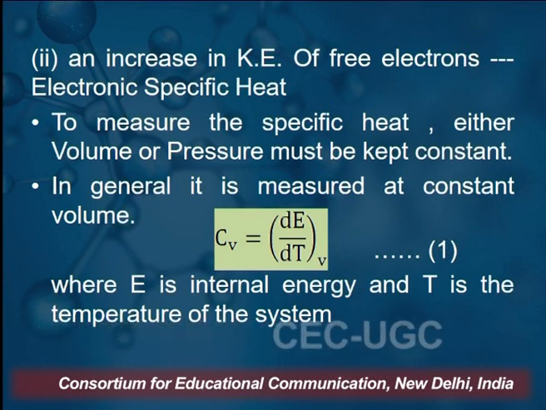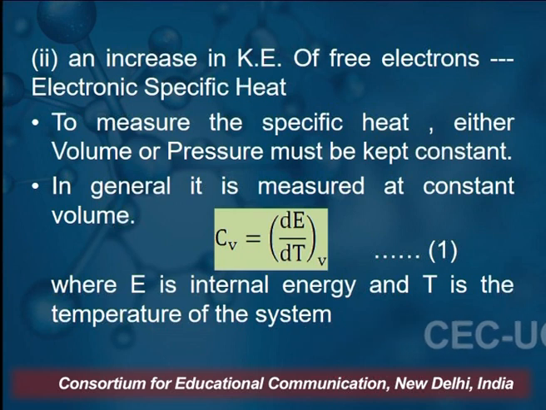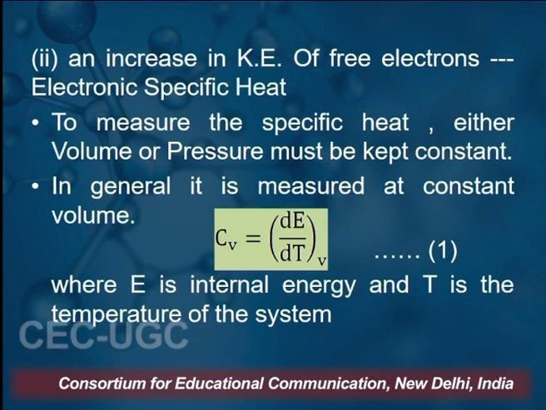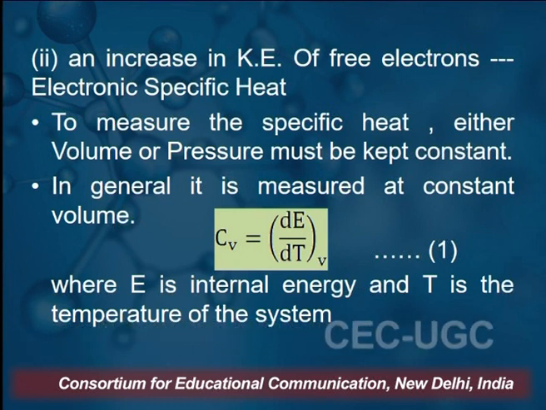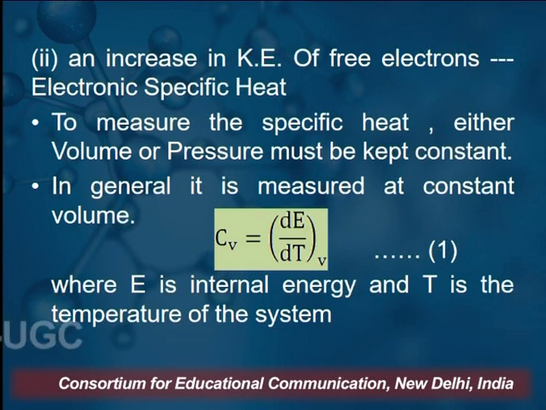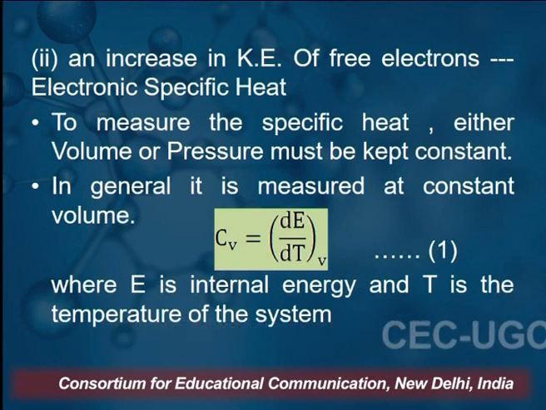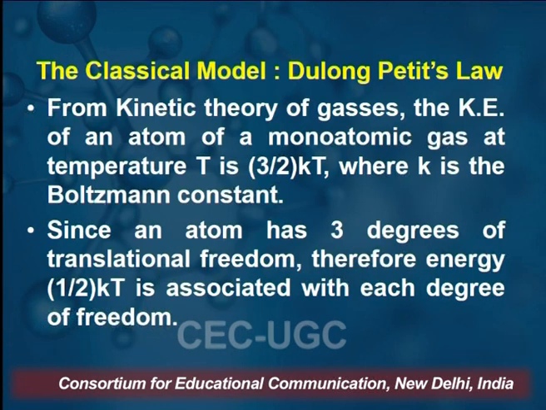Now, to measure the specific heat, we can either keep the volume constant or the pressure constant. In general, it is the volume which is kept constant, and specific heat at constant volume, Cv, is defined as dE by dT at constant volume. E is the internal energy of the system and T is the temperature of the system.